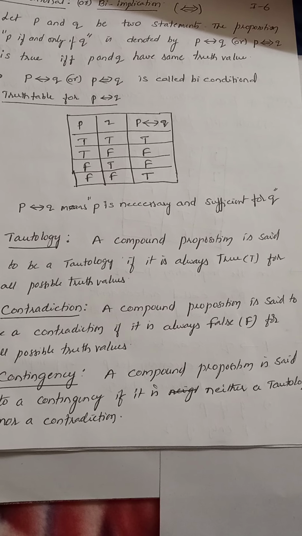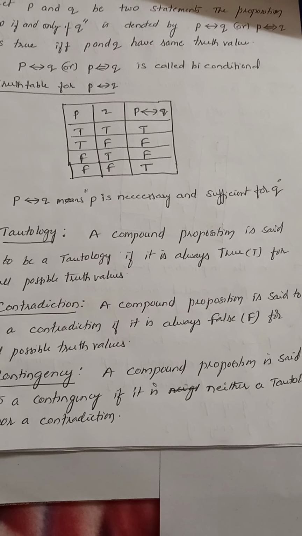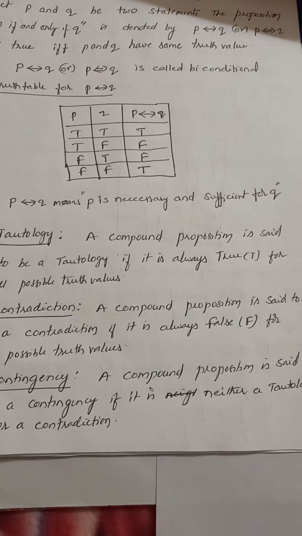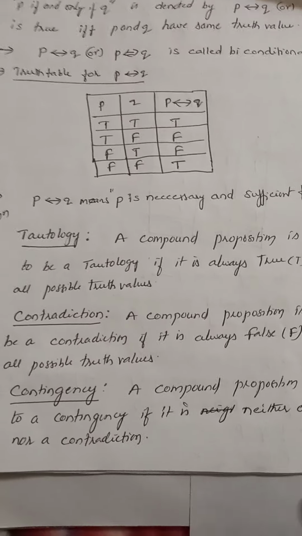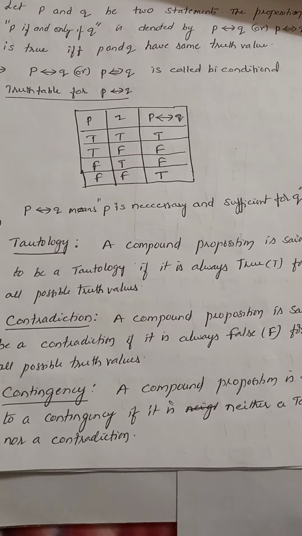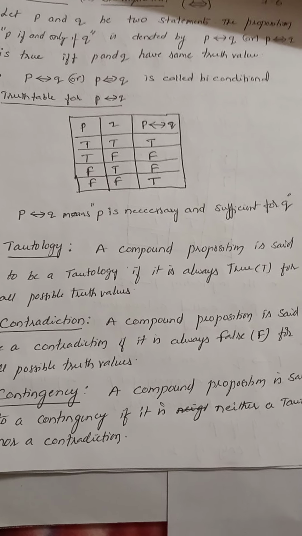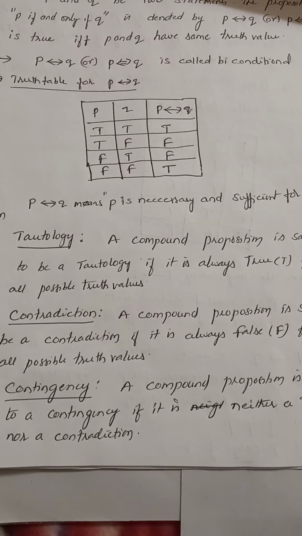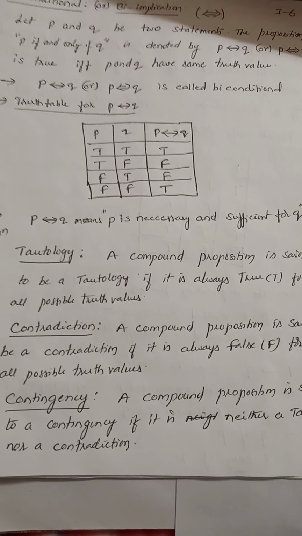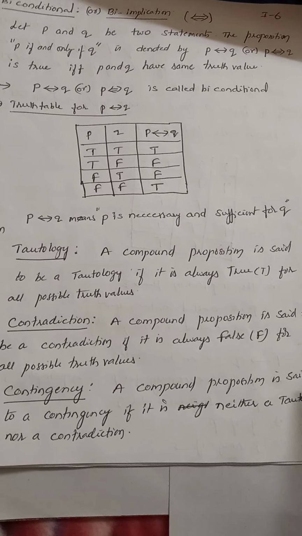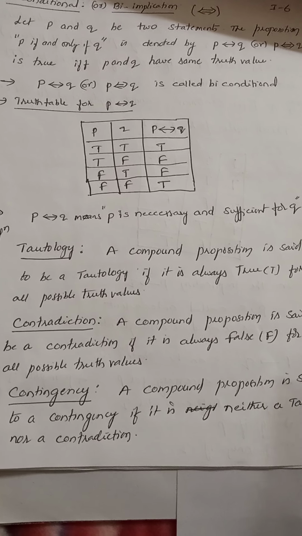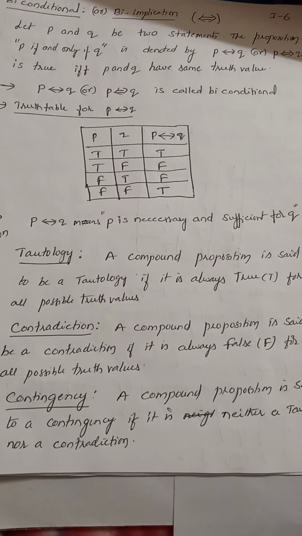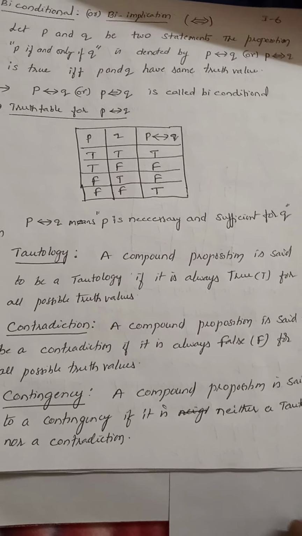Now, contradiction. A compound statement is said to be a contradiction if it is false for all possible truth values. Right? Now, next one is contingency. A compound proposition or statement is said to be a contingency if it is neither a tautology nor a contradiction.